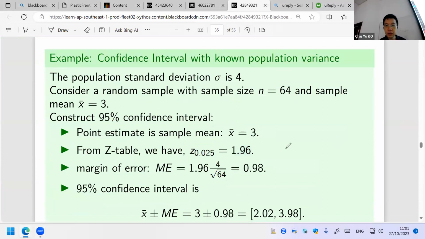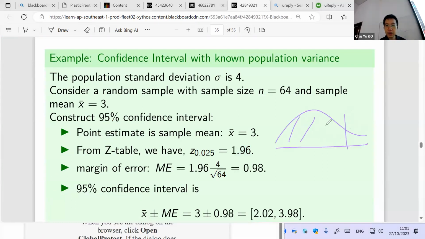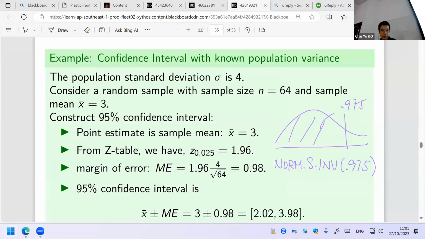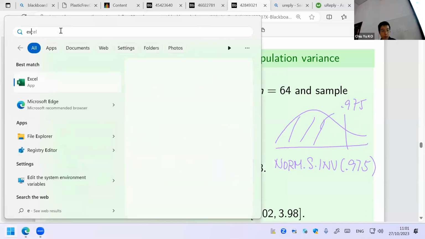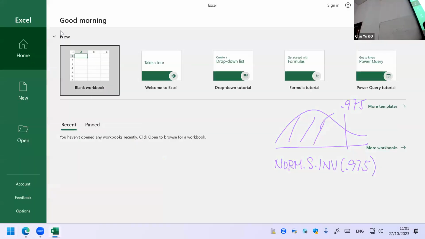How to do it in Excel is just NORM.S.INV, the standard normal inverse, of 0.975. Let me show you the Excel. Because you want to read the number back from the area, so just use the S inverse.